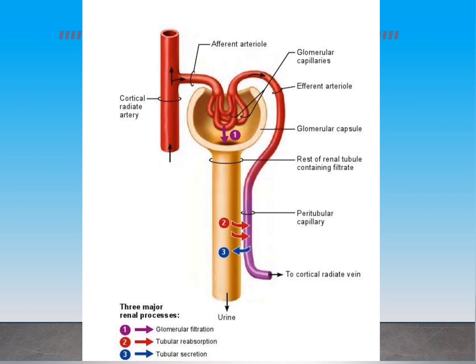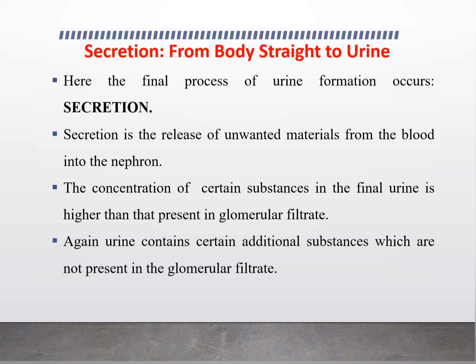Actually the blood is filtered from the blood capillaries, then transferred from the blood capillaries to the nephron. Here, nephron to blood. Then in the third step, again blood into the nephron. Then the final step, secretion. Secretion is the release of unwanted material from the blood into the nephron.